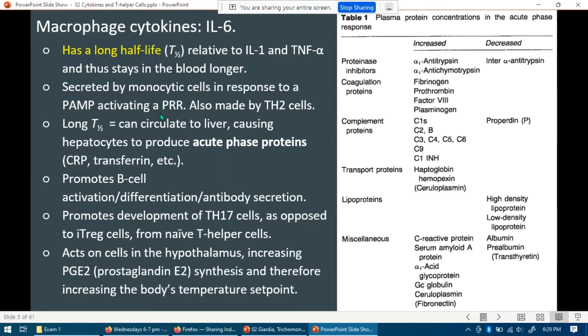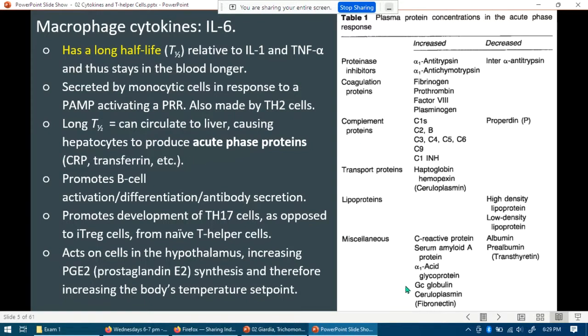So basically in response to a pathogen being detected. And IL-6 is also made by Th2 cells. The long half-life means that IL-6 can circulate all the way to the liver and act on the hepatocytes to cause them to produce acute phase proteins like C-reactive protein, transferrin, etc.